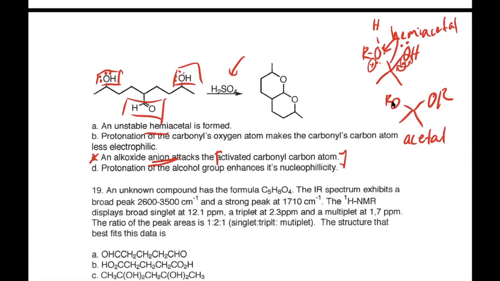Protonation of the carbonyl oxygen atom to make the carbonyl carbon atom less electrophilic. Wouldn't we have more positive charge on here, though? So if you were to protonate this aldehyde, would you be making this site less electrophilic?